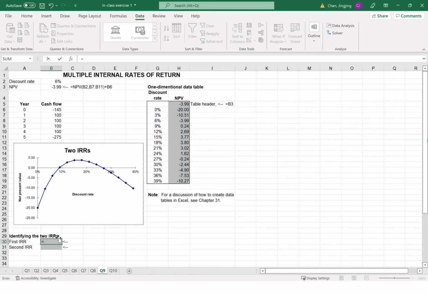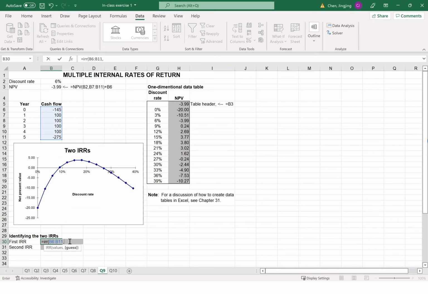We're actually going to still use the IRR function. So the values are here, B6 to B11. And then remember the way of calculating IRR is to use a trial and error method. So we first want Excel to have a guess range.